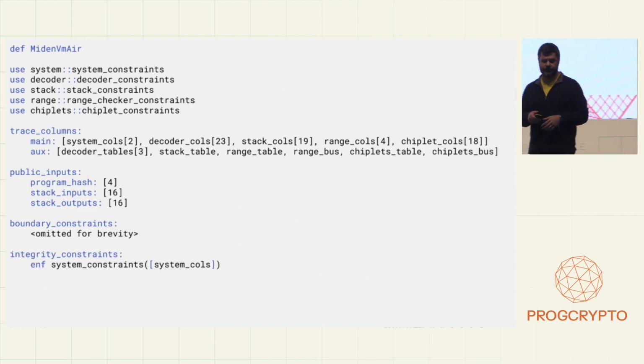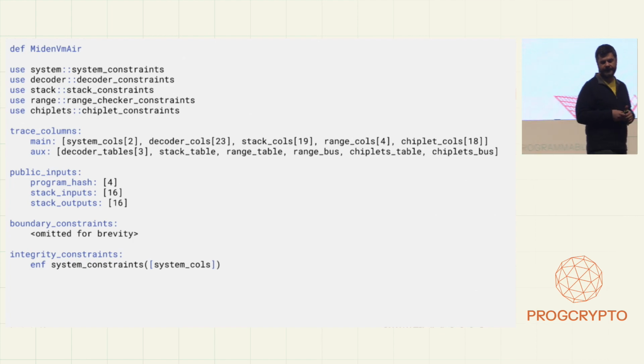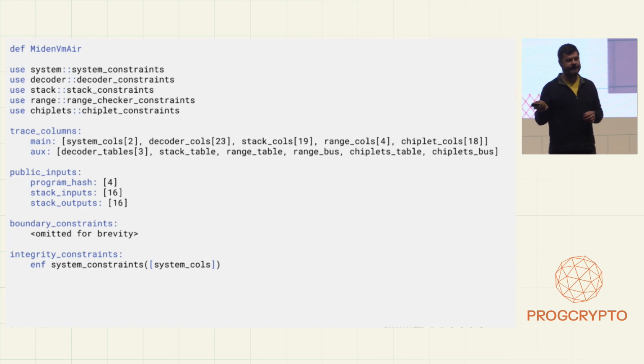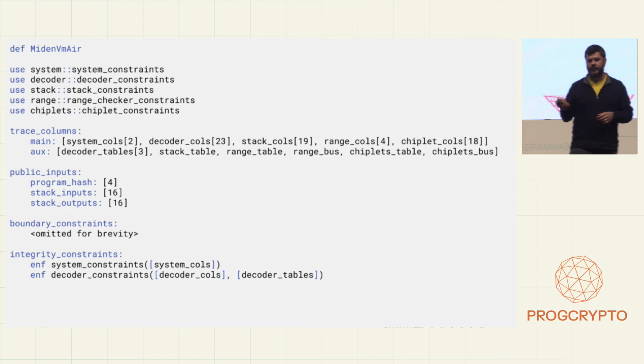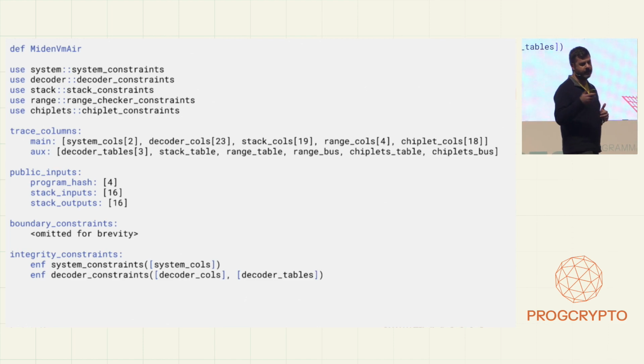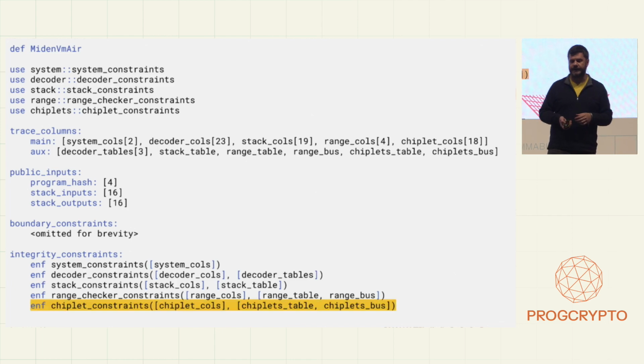For example, we want to apply system constraints to the columns in the system trace. So we just say, enforce the system constraints that we imported above and pass the system columns into it. For the decoder, we need decoder constraints and decoder tables for the permutation check, so we pass that into the decoder module, and so on. At a high level, this is actually fairly simple.